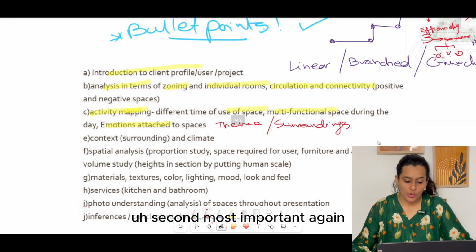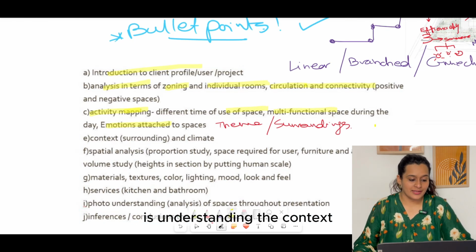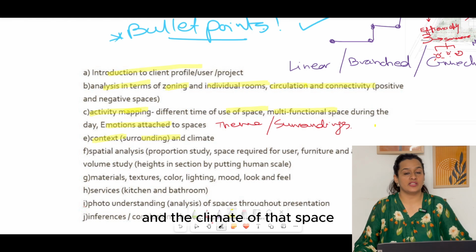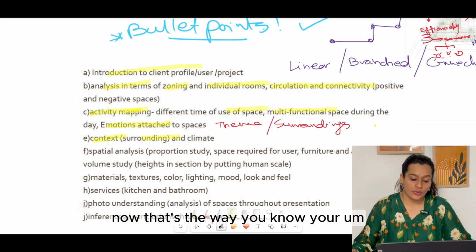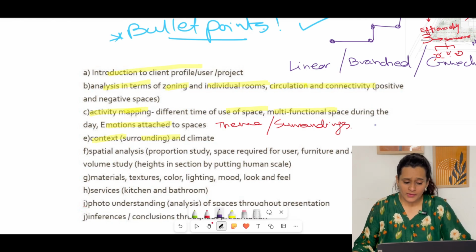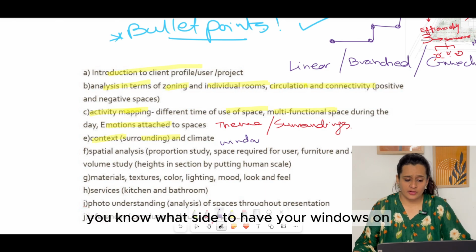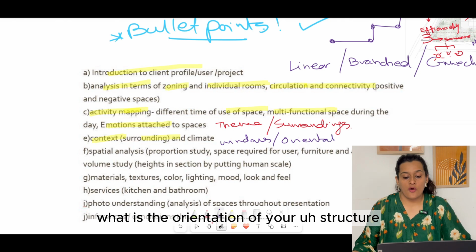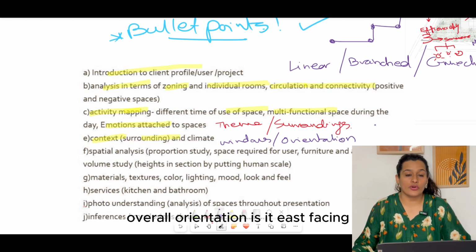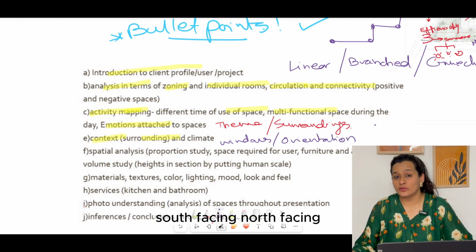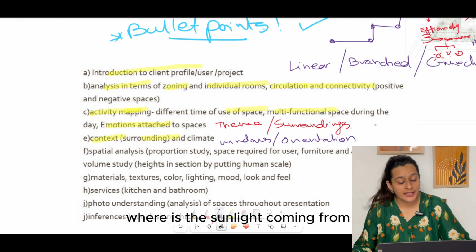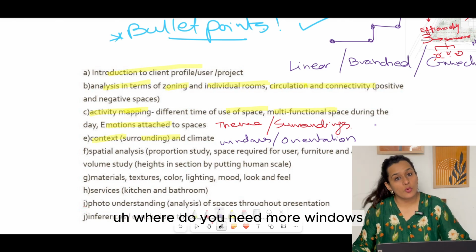Second most important again is understanding the context and the climate of that space. Now that's the way your windows will behave, what side to have your windows on, what is the overall orientation of your structure. Is it east facing, south facing, north facing? Where is the sunlight coming from? Where do you need more windows?